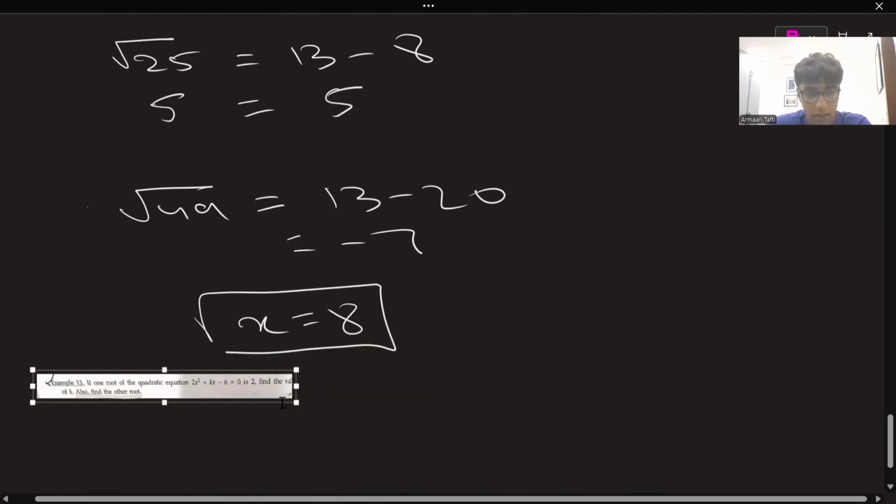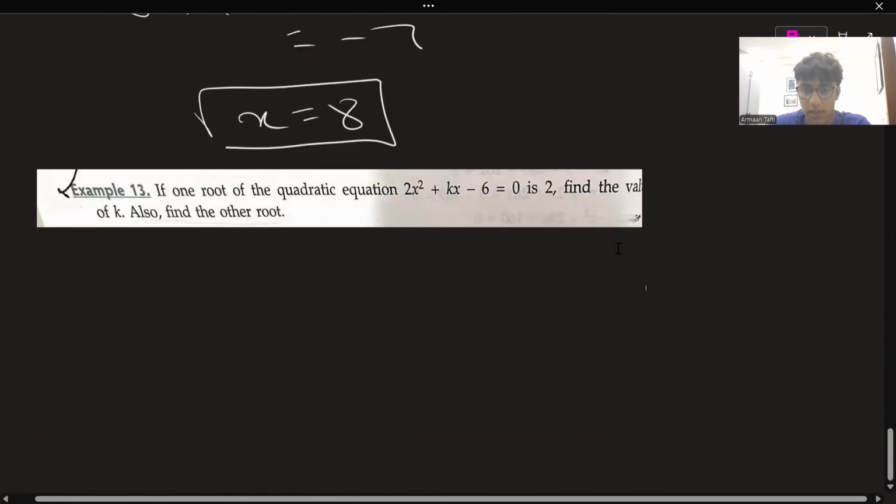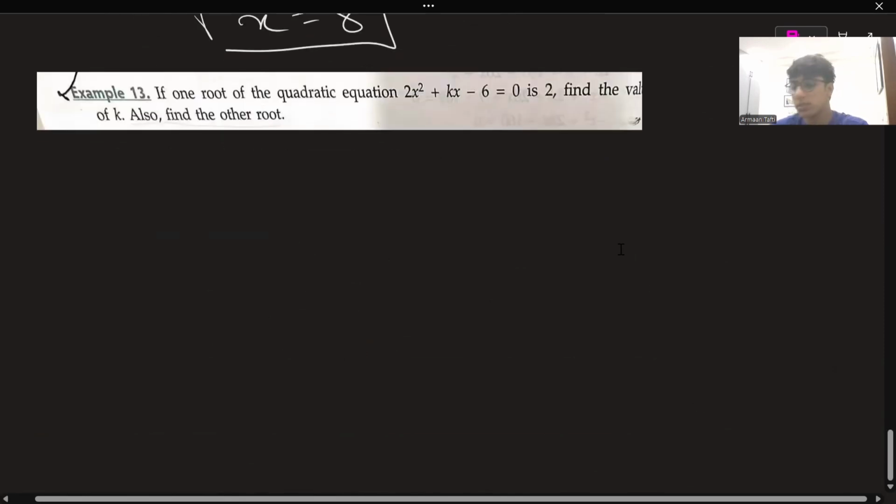Okay. This is not an extremely tricky question, and I'm sure you guys will solve this correctly. If one root of the quadratic equation is 2, then find the value of k, and also find the other root. We did a very similar question in the first exercise, so let's do it the same way. If we know one of the roots is 2, we can just replace x with 2.